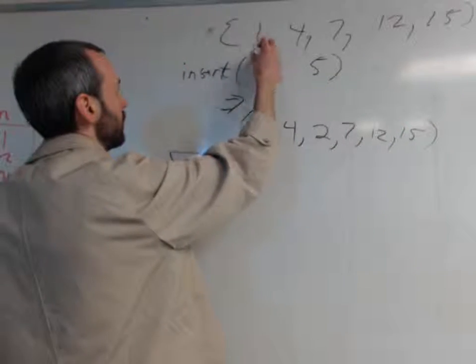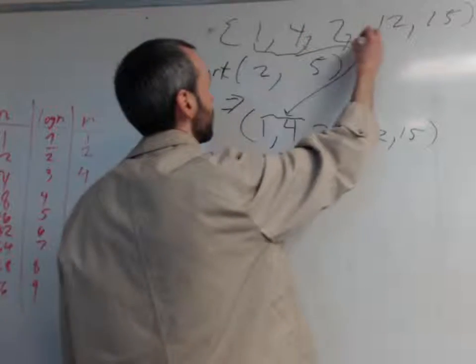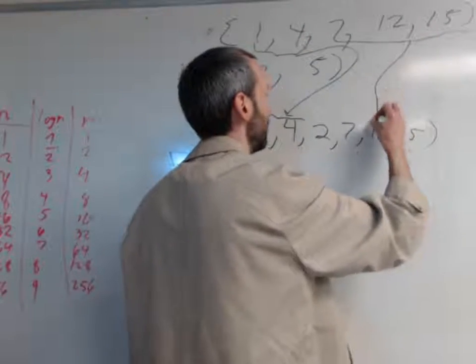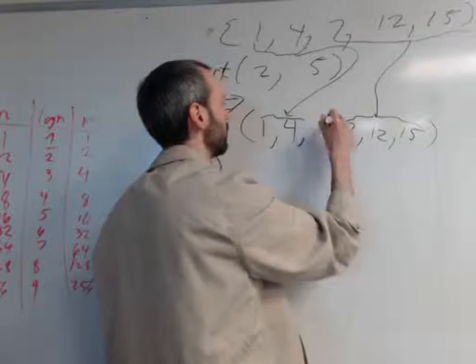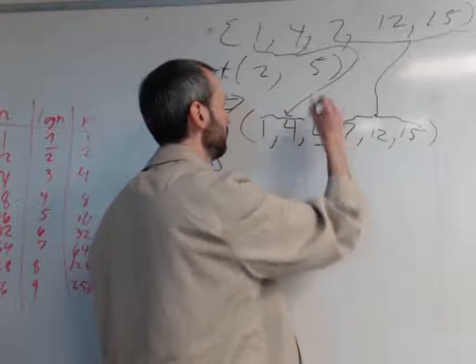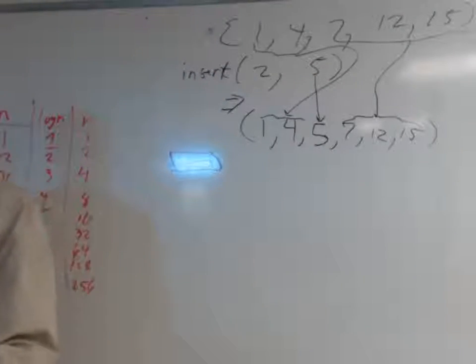So this went right here. This went right here. And then that should be a 5. This went right there.